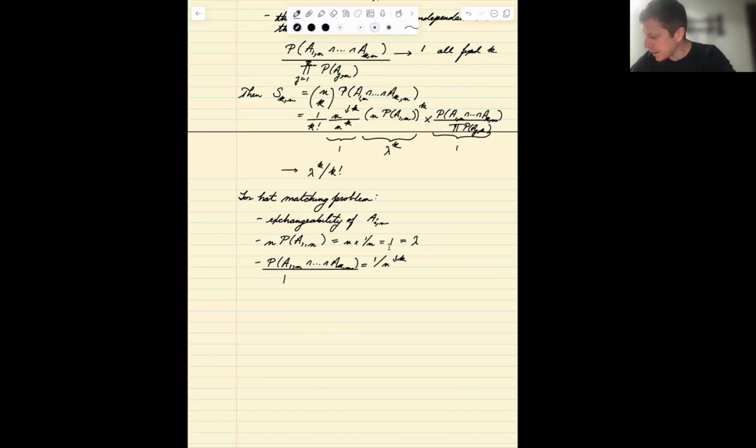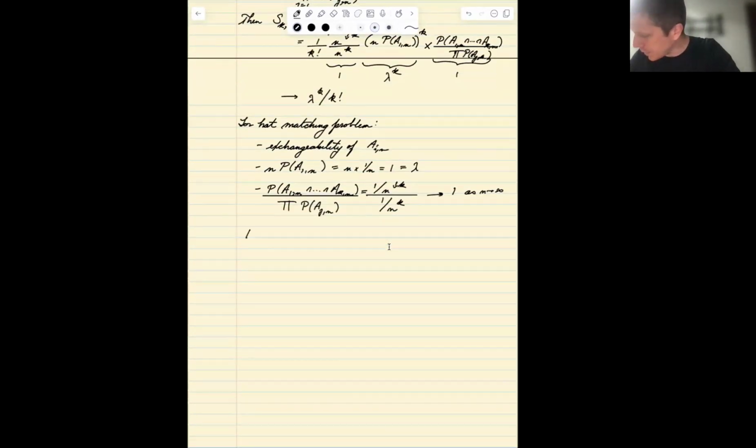And the product of the probabilities of each of them happening, we already know, is 1 over n to the power k, because it's 1 over n for each, which does converge to 1 as n goes to infinity. Therefore, we can use the Poisson to approximate the number of people who pick the right hat, which would be approximately Poisson with parameter 1.